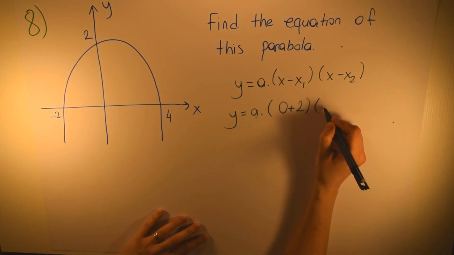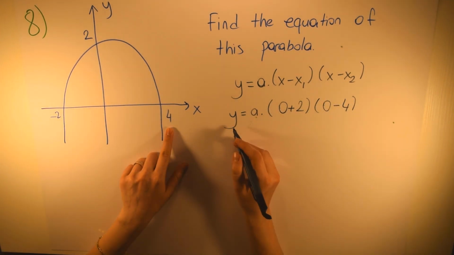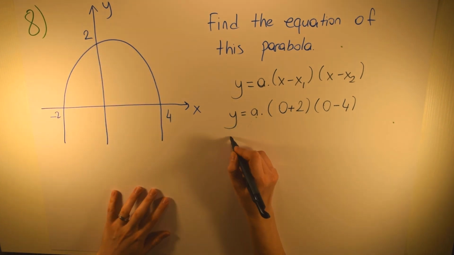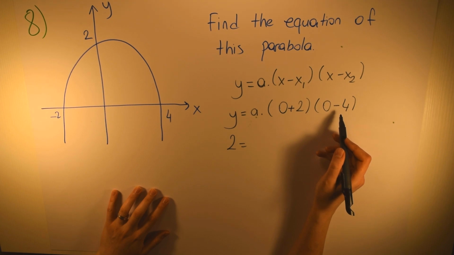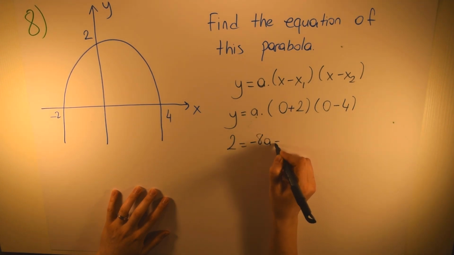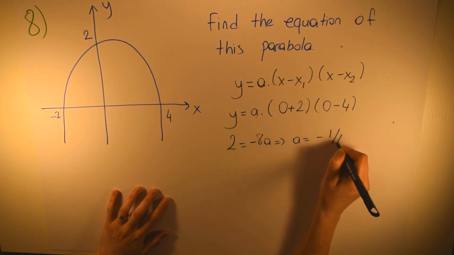And here we have 0 minus 4. Okay, so here when x is equal to 0, y is equal to 2. So 2 is equal to 2 times minus 4, it's minus 8. So it's equal to minus 8a. So from here, a is equal to minus 1 over 4.